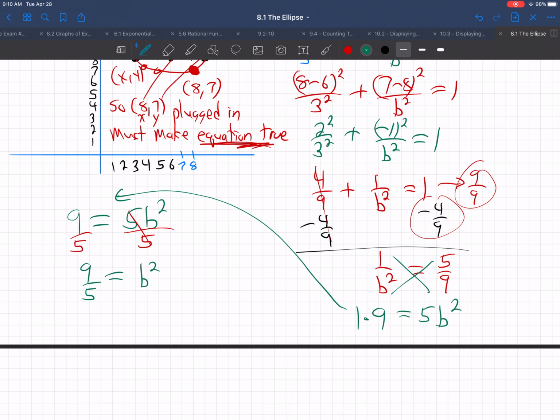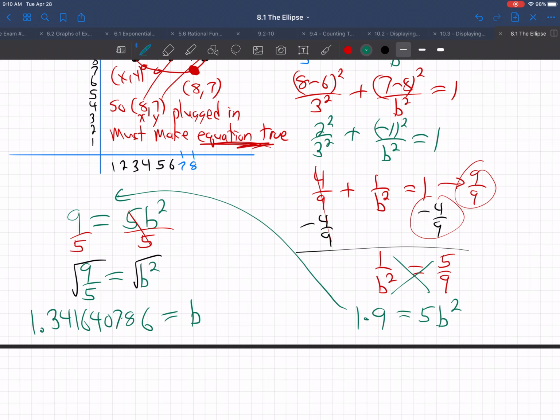And so, if you do the square root on both sides, I'm just going to get a number on my calculator. I'm getting 1.3416407. That's enough accuracy right there. Well, here I'll get a little bit more. 0786. So there's b.